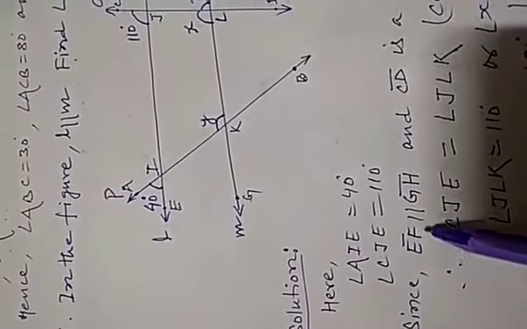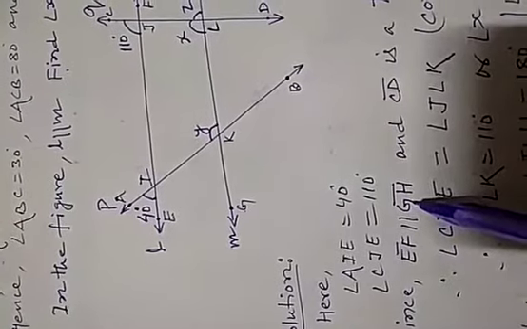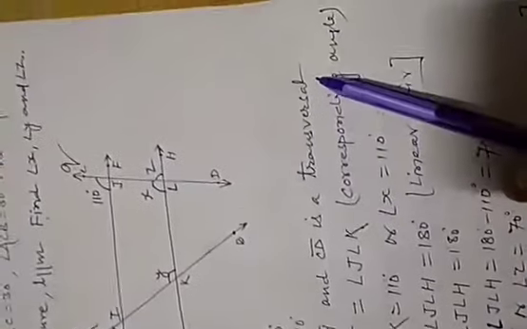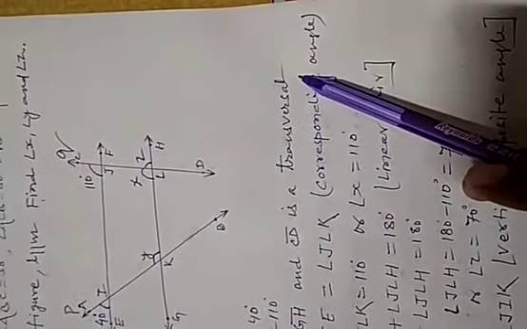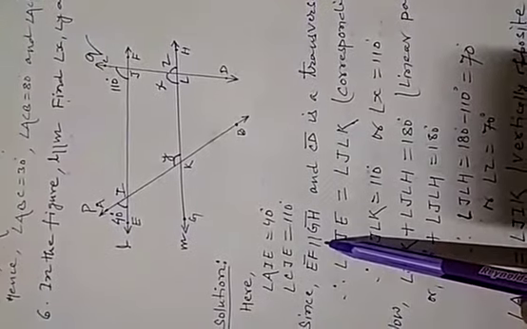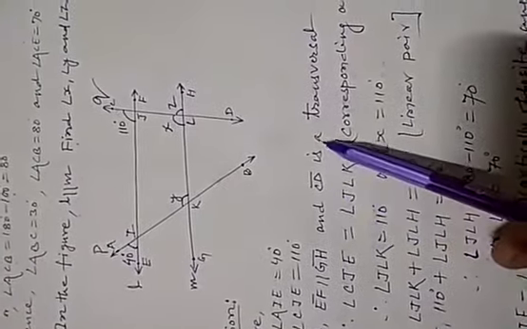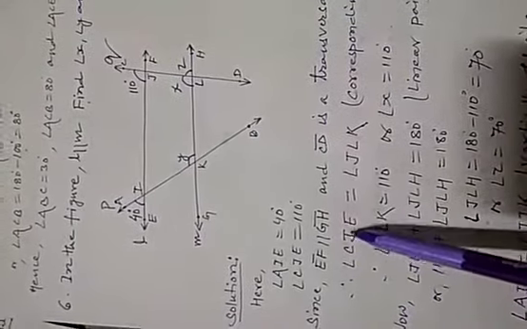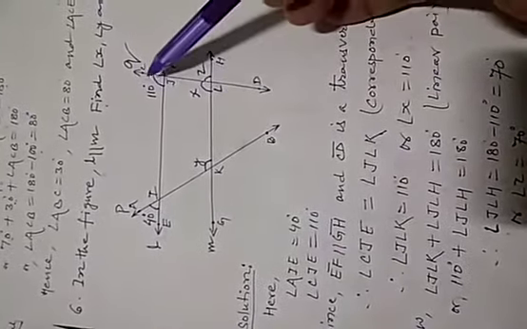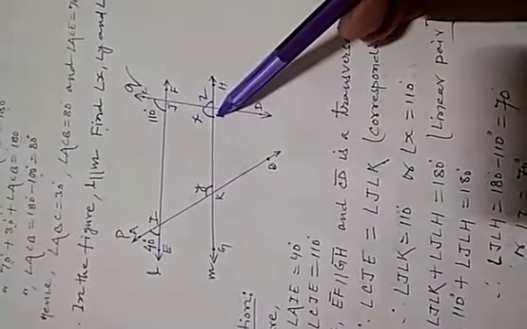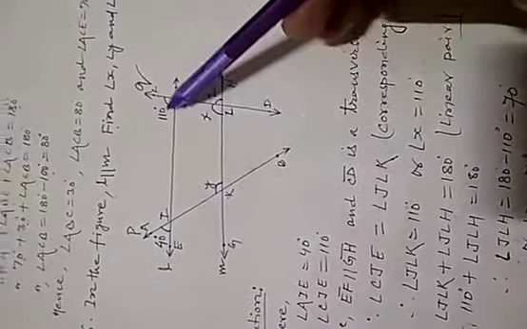Since line segment EF is parallel to line segment GH and line segment CD is a transversal, therefore angle CJE is equal JLK.